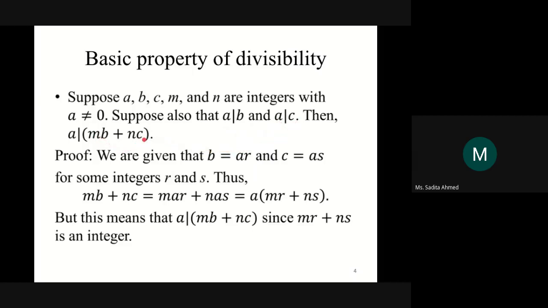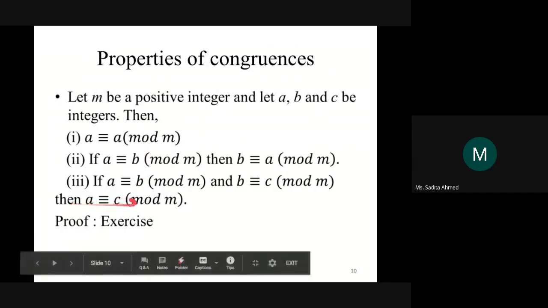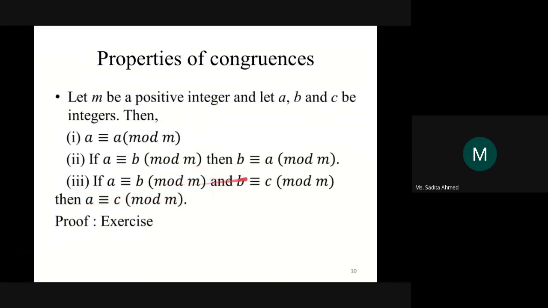That is the summation of the product terms where you have B and C. So basically, if A can divide B and A can divide C, A can also divide some form of summation of the two numbers B and C. Here, MB plus NC. Okay. So use that idea and tell me now, how can we get here from these two assumptions?